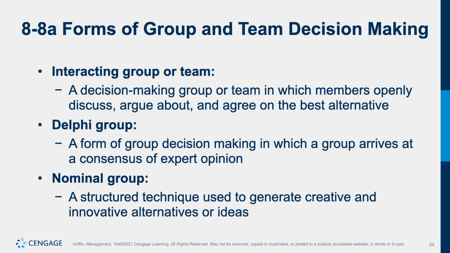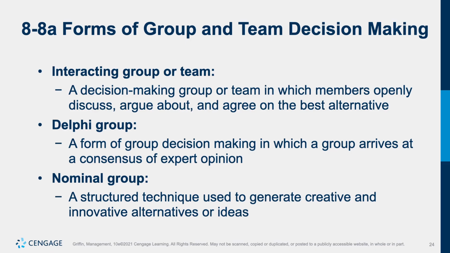And you have what you call the nominal group, which is a structured technique used to generate creative and innovative alternatives or ideas. For the nominal group, right, this is an informed group of participants whose members individually write down a list of alternatives as much as they can think of, and these ideas are put up on a board in a round robin fashion, right?